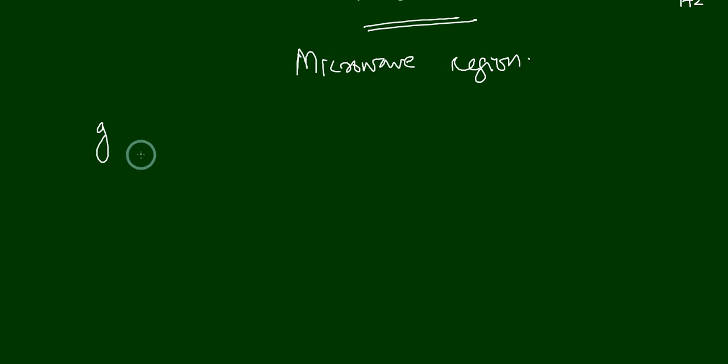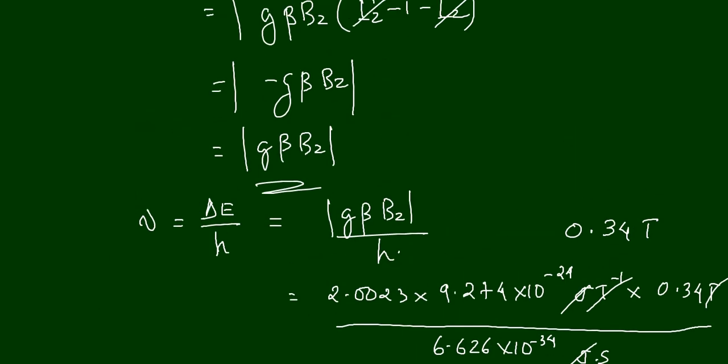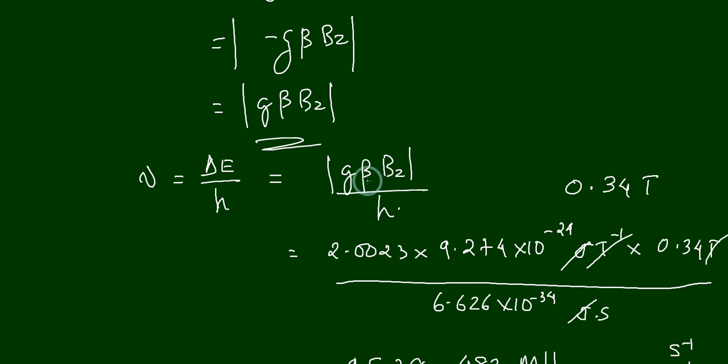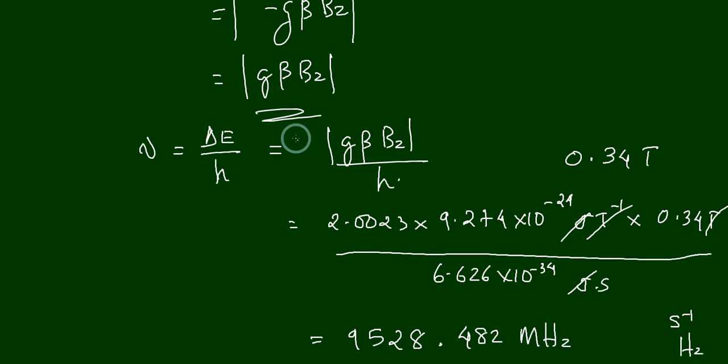So what about g? From this expression itself, because we have the expression ΔE by h is equal to g β Bz divided by h. From this, g is equal to ΔE by β Bz. Sorry, we have ν is equal to ΔE by h is equal to g β Bz by h.